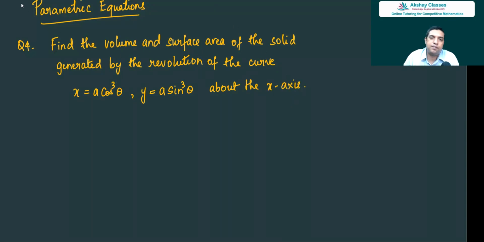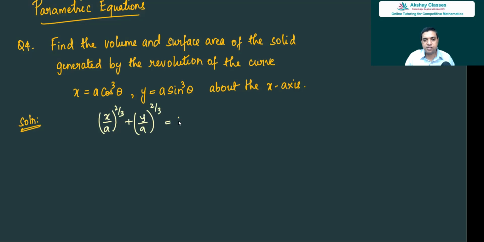This curve, do you remember what this curve is? X lies between minus a and a, y lies between minus a and a. Okay, parametric curve. If we remove theta and see, this curve in Cartesian form is x by a to the power 2 by 3 plus y by a to the power 2 by 3 is equal to 1.